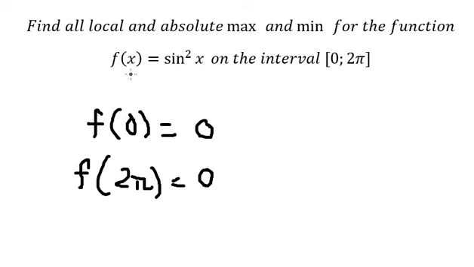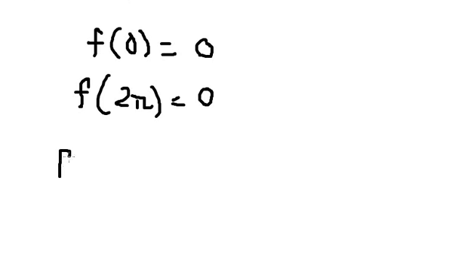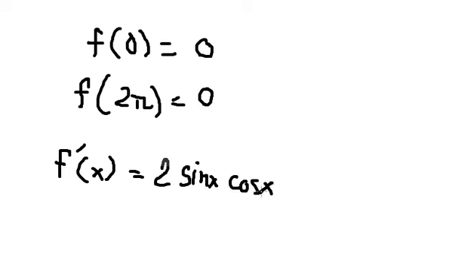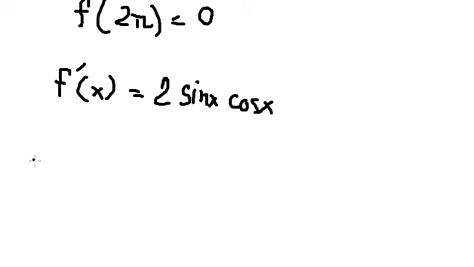So for the next one, we need to first find the derivative of the function. So we have 2 sine x cosine x. Later we put this equal to number 0.